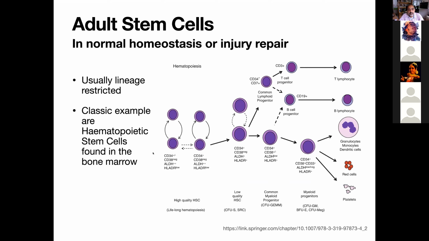Hematopoietic stem cells give rise to all of the cell types within the blood.